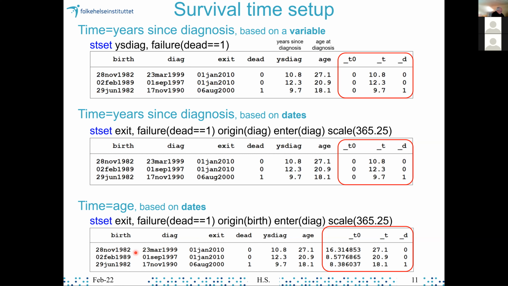So 99 minus 82 is, I don't know, 11, or no, it's supposed to be 16. So my calculation skills are not so good, but you do some head calculations on these dates. And then you look at the time from diagnosis to exit, or rather take exit minus birth, and you should find that he would be 27 once he exits from the study. So just do a quick check like this.